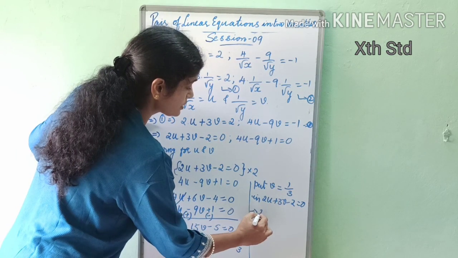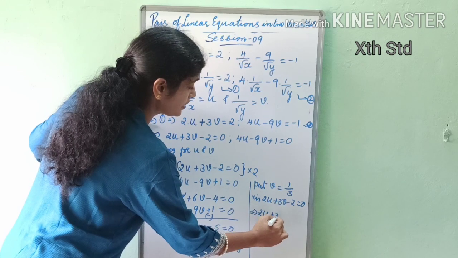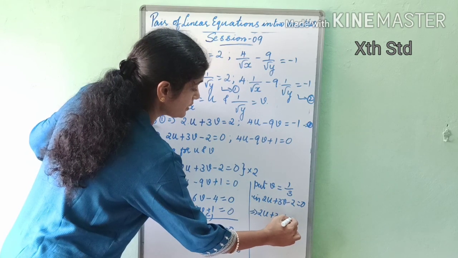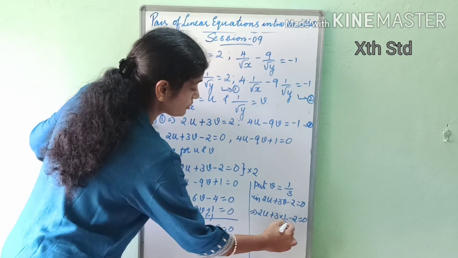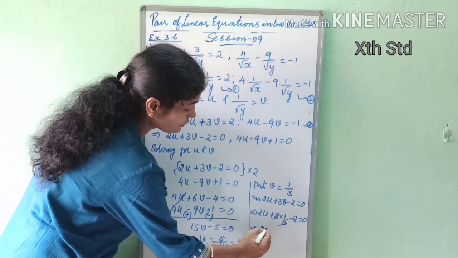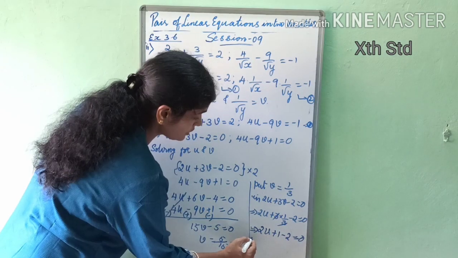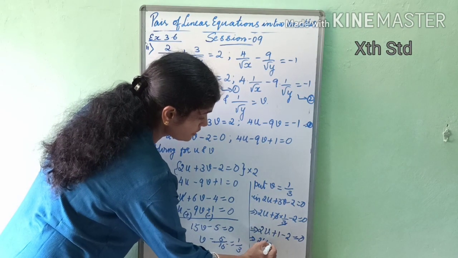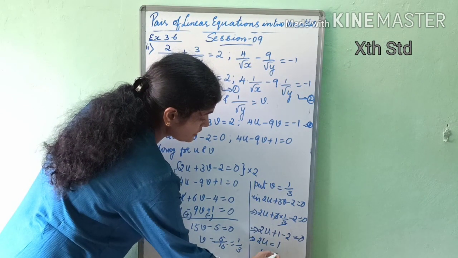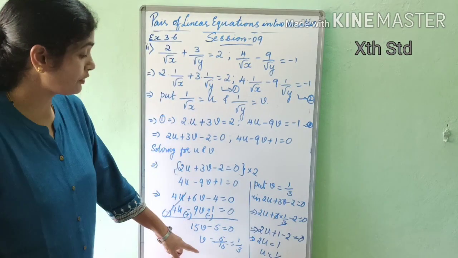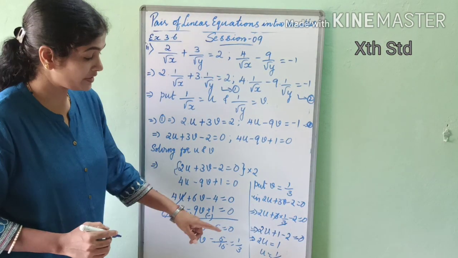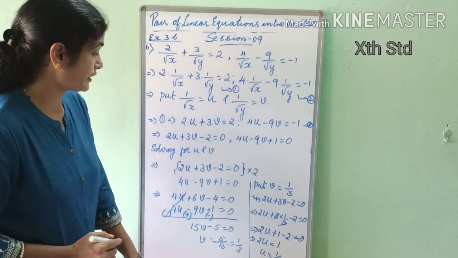Then it implies 2u plus 3 into 1 by 3 minus 2 equal to 0. Simplify this. 2u plus 1 minus 2 equal to 0. So 2u is equal to 1. u is equal to 1 by 2. So now we got v equal to 1 by 3 and u equal to 1 by 2.